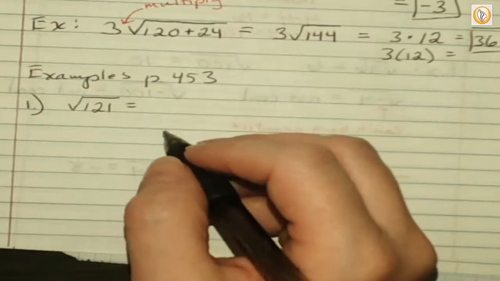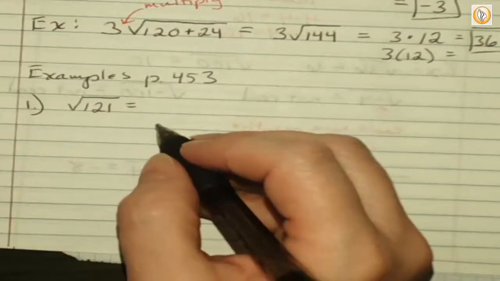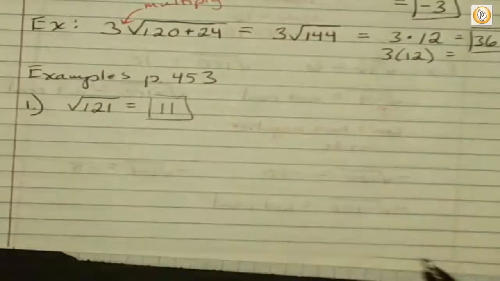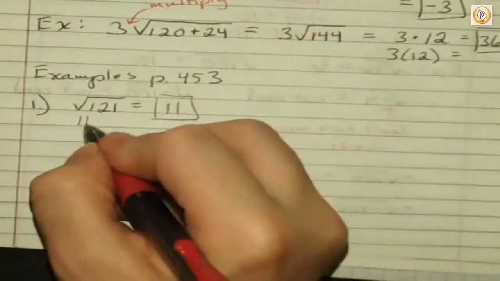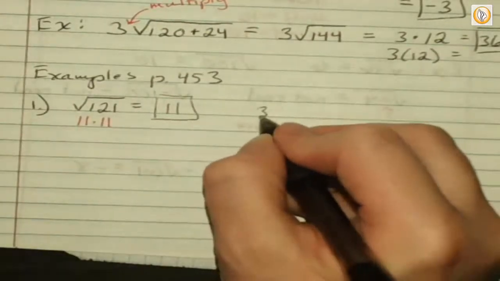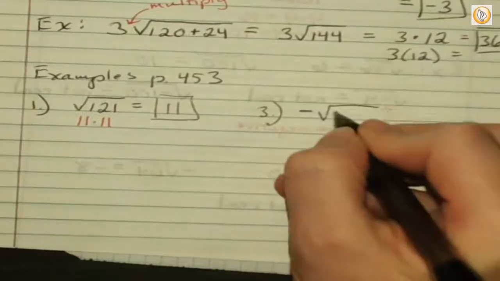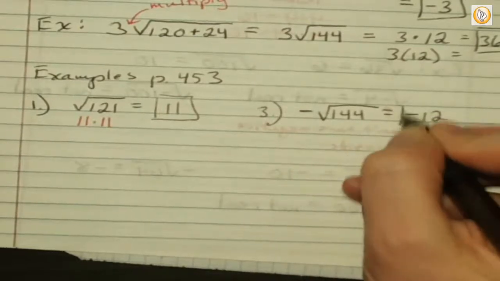Someone want to help him out? Let's see. Cecilia? 11. Yes. Very good. 11 times 11 is 121. Number 3. Aiden, I'm going to let you redeem yourself. Negative square root of 144. Negative 12. Very good.